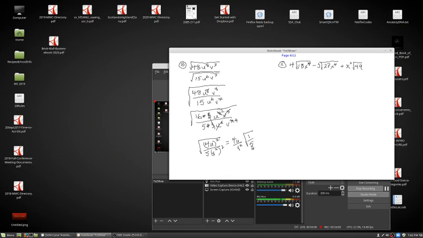We don't want a square root of 5 in the denominator. So what we're going to do is multiply top and bottom by the square root of 5. So in essence, we're just changing the form of this number to get rid of this square root. The square root of 5 times the square root of 5 is just 5.